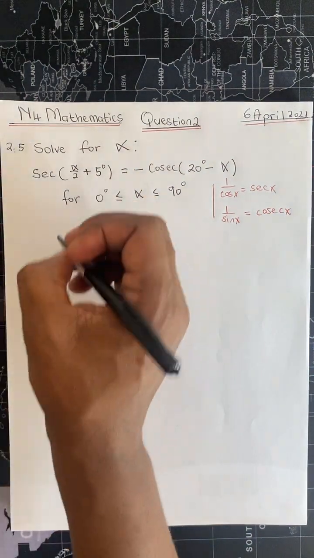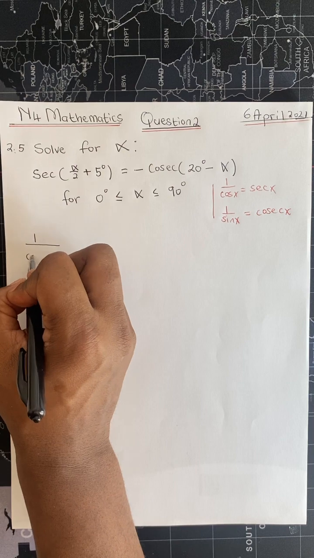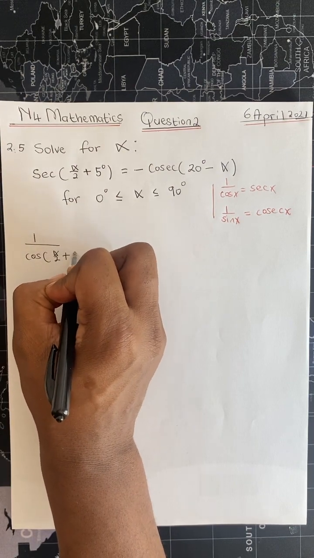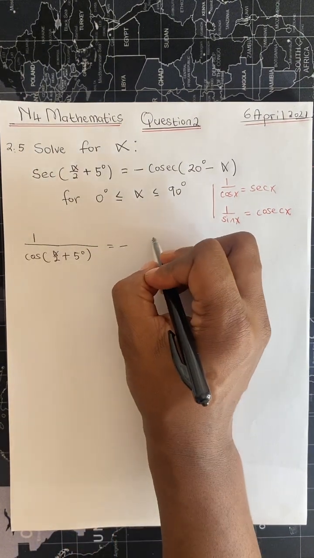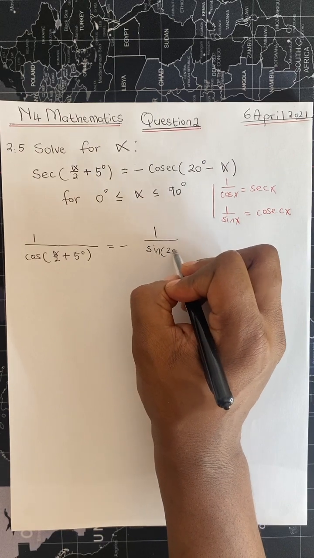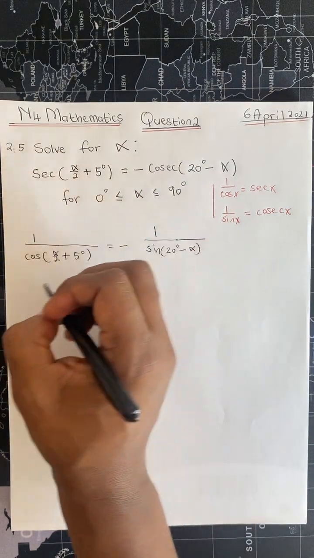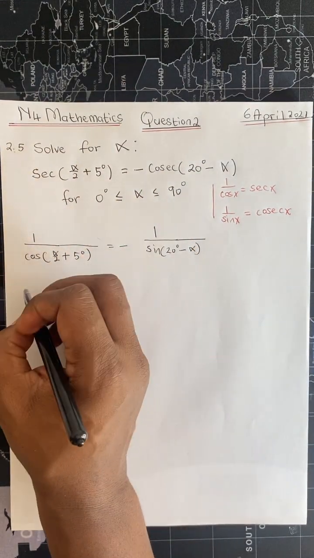So we can express that equation as 1 over cos of alpha over 2 plus 5 degrees is equal to negative 1 over sin of 20 degrees minus alpha. And we can cross multiply, or we can just flip.